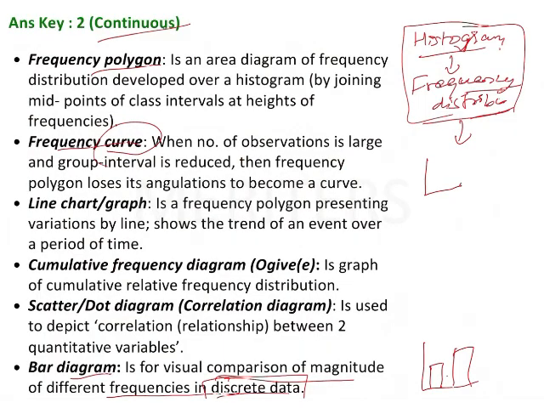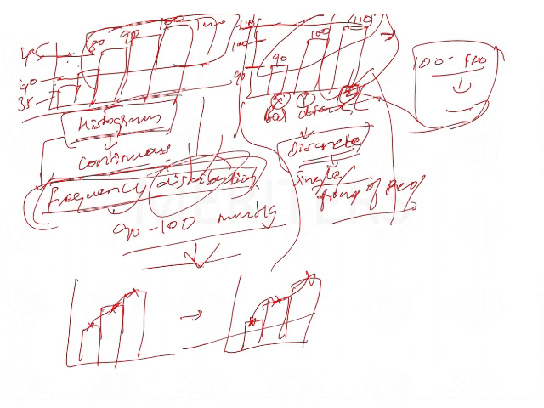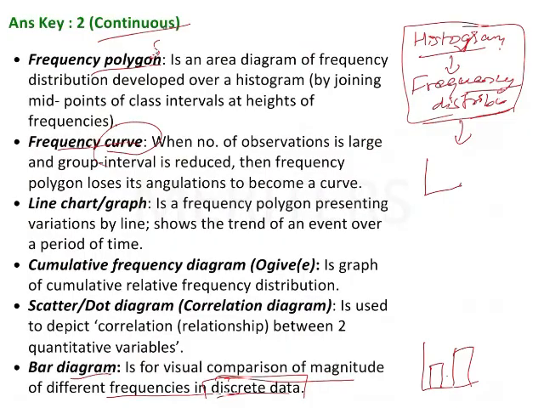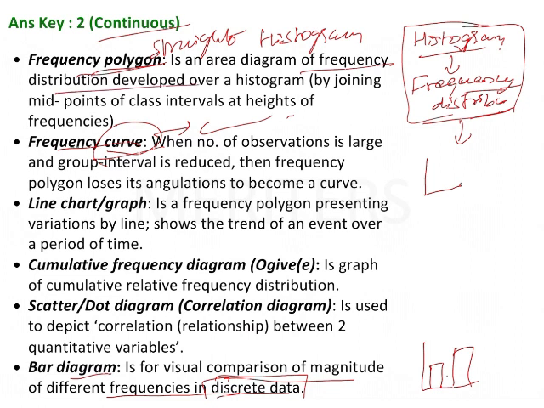So these two are also variants of the histogram. These two also represent frequency distribution. For the sake of visualization, if it is straight, it is called a polygon, and if it is curved, it is called a frequency curve. Both represent frequency distribution.